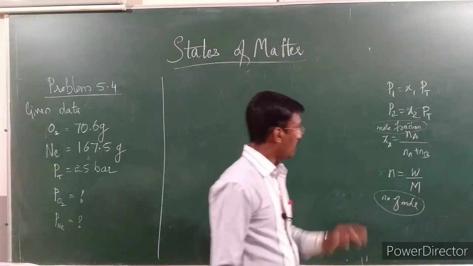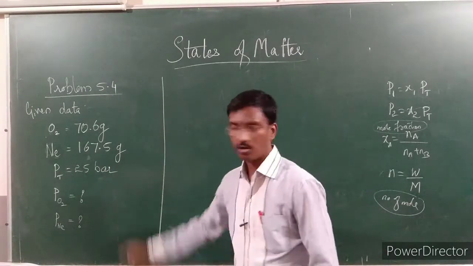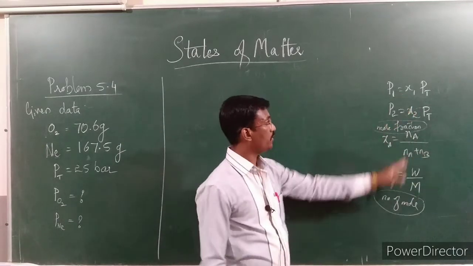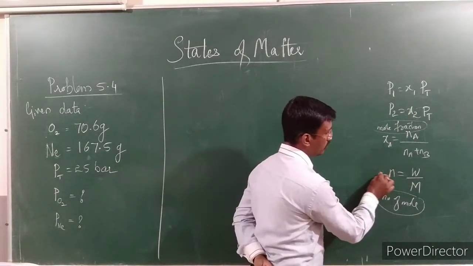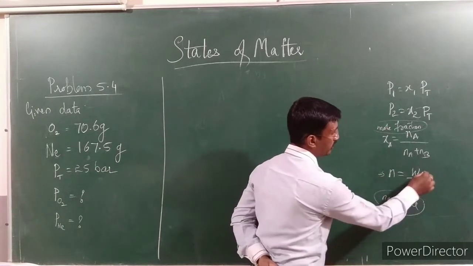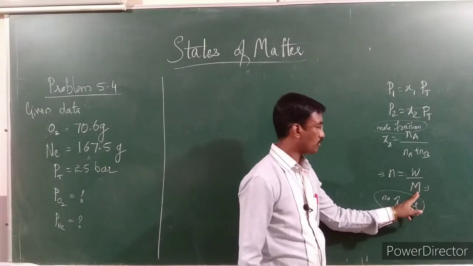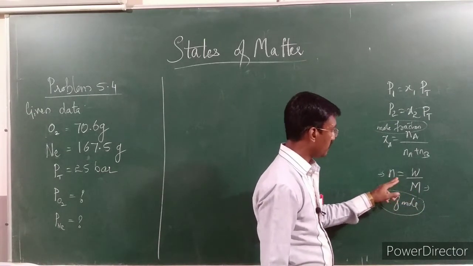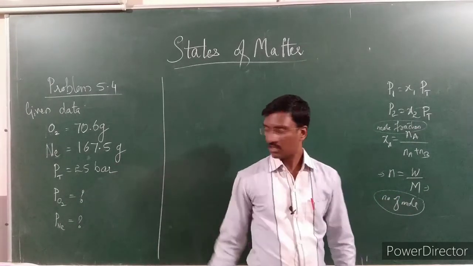So here my main intention is to solve this one. We are not supposed to write this equation first. We have to go in reverse: first you have to calculate the n. To calculate that you need M, so first write down the molar mass of the compound, and next calculate n for both A and B, oxygen and neon.